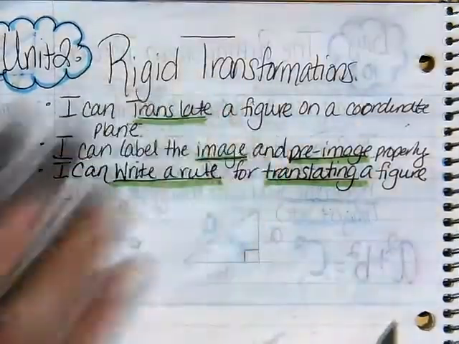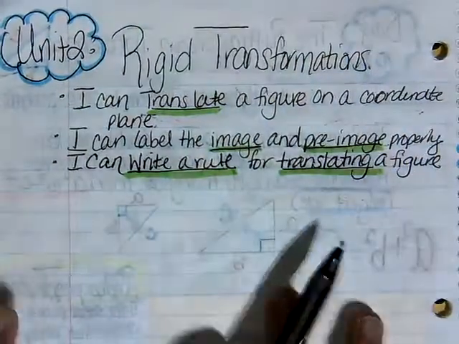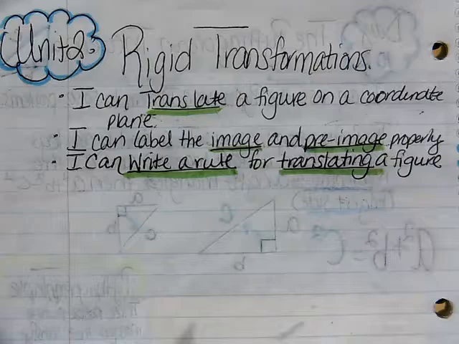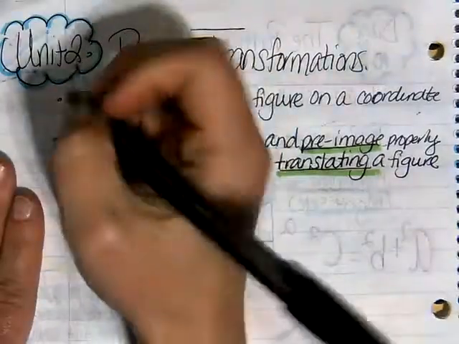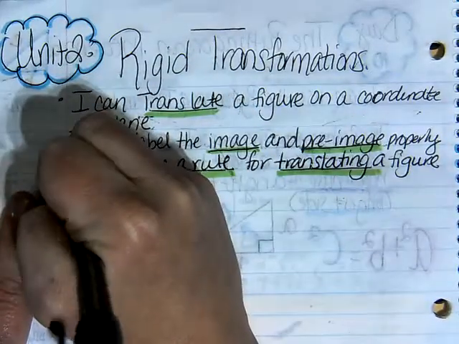So our unit is called Rigid Transformations. Before I get into today's topic, which is called translations, I want to talk about rigid transformations first. There are 3 types of rigid transformations.